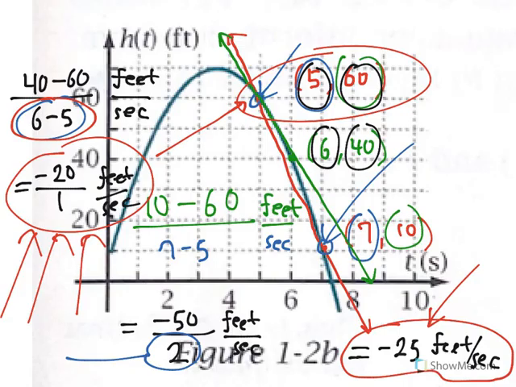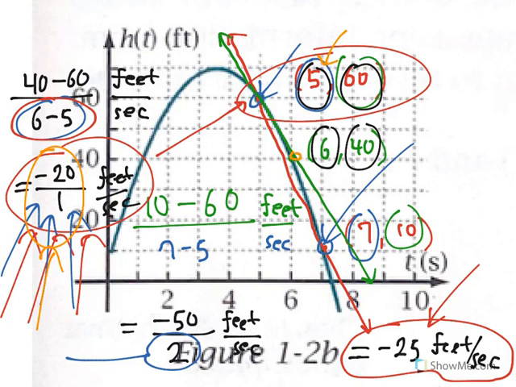So you can see that the average rate of change of the height with respect to time on the time interval from t equals 5 to t equals 6 seconds is about negative 20 feet per second. And this would be a reasonable approximation for the instantaneous rate of change of the height of the ball with respect to time at t equals 5 seconds.